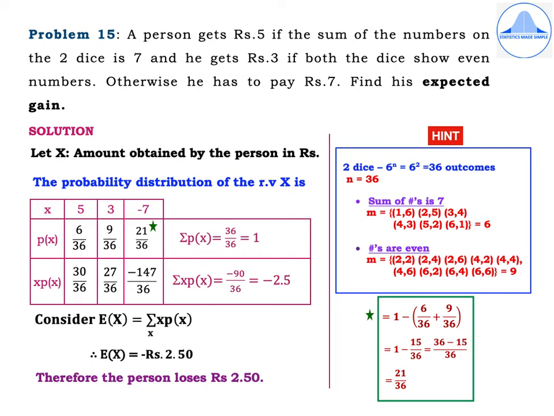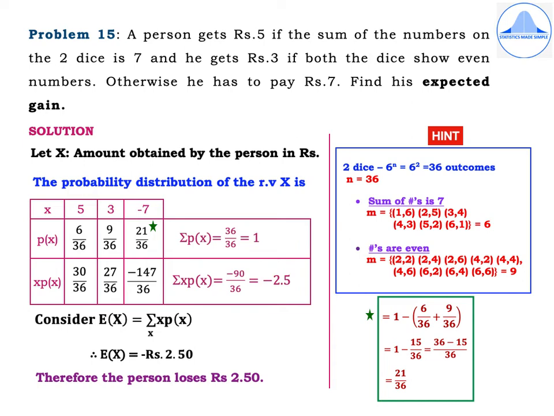In the question, it is mentioned that if the sum of the numbers on the two dice is 7, then he gets rupees 5. So, highlighted in purple color, I have given the explanation for the favorable outcomes for sum of the numbers is 7. So M is equal to, list down the pairs of observations out of those 36 outcomes which will give the sum as 7.